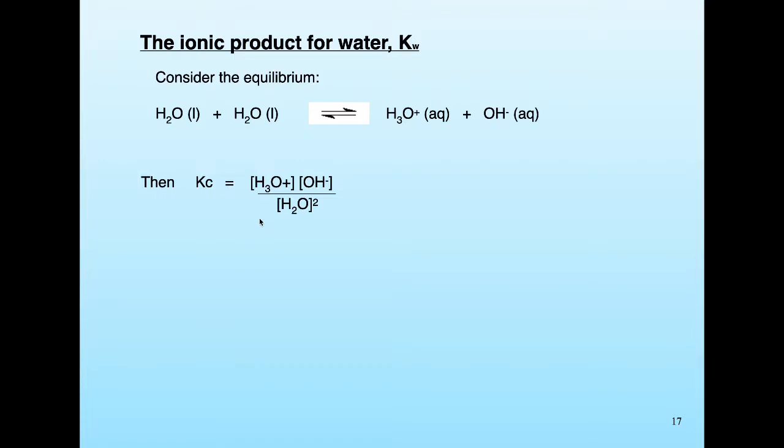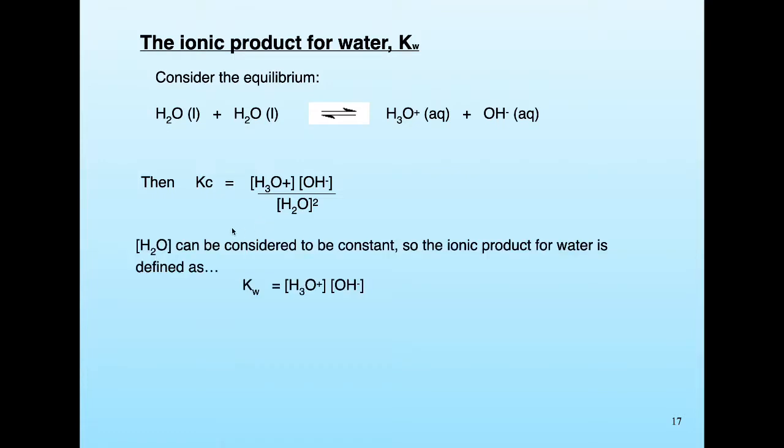So we're going to take that out and we're left with this. It's called the ionic product for water, and it's given the symbol Kw, and it's simply the concentration of the oxonium ions in moles per decimeter cubed times the concentration of hydroxide ions in moles per decimeter cubed.